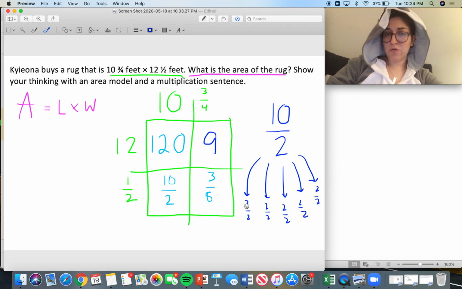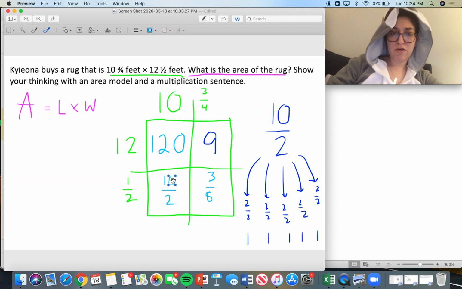If we added these together, we would get 2 halves, 4 halves, 6 halves, 8 halves, 10 halves. Another way to think about that is 1 plus 1 plus 1 plus 1 plus 1, or 1, 2, 3, 4, 5. So now instead of 10 over 2, I have 5 wholes. And what you'll notice is that we went from having to add 3 different fractions to now only having 1 fraction left.